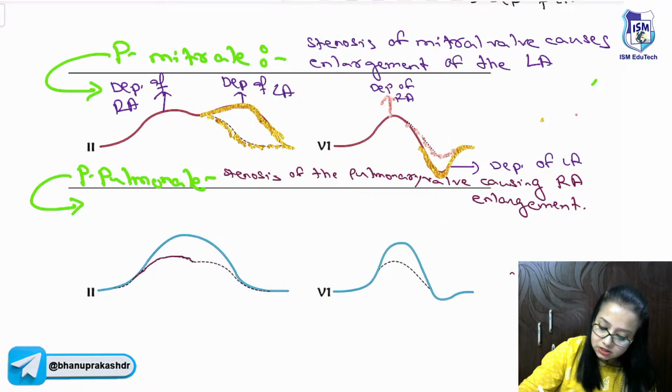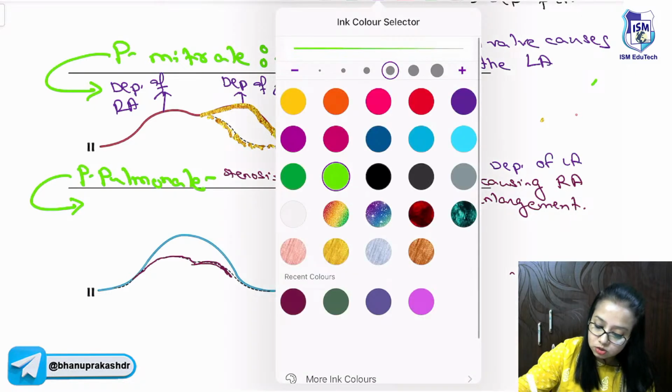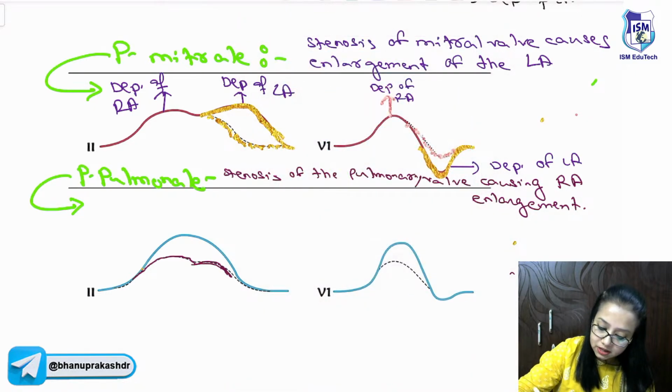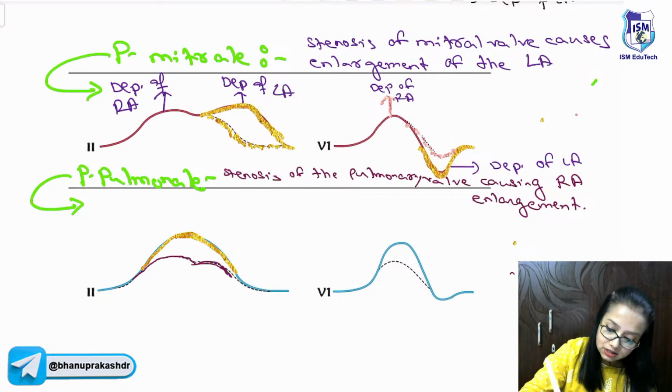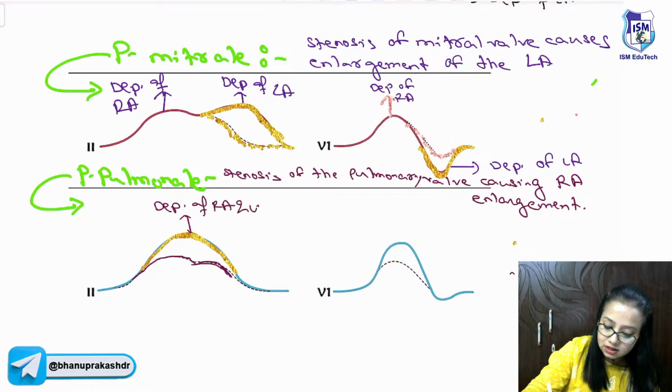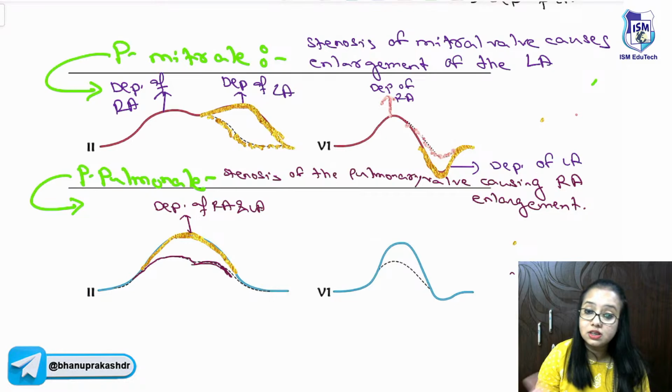Here the one which should be biphasic is gone. Instead there is a much more prominent and big hump. Only one single P wave is visible, which signifies the depolarization of right and left atrium, on lead 2 and on lead 6 also.